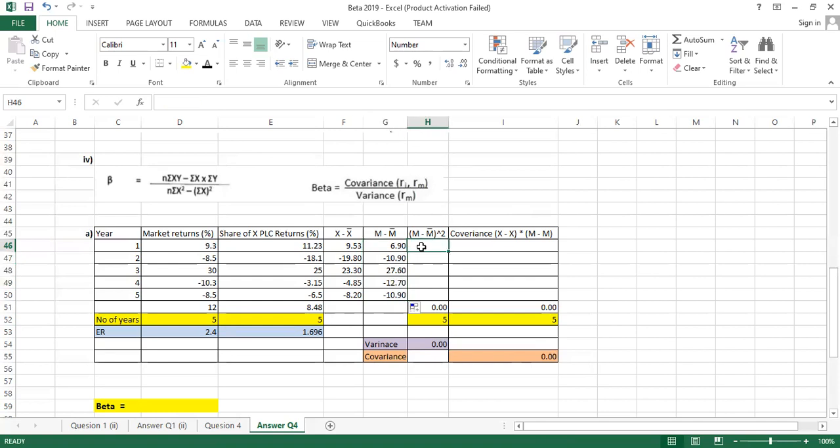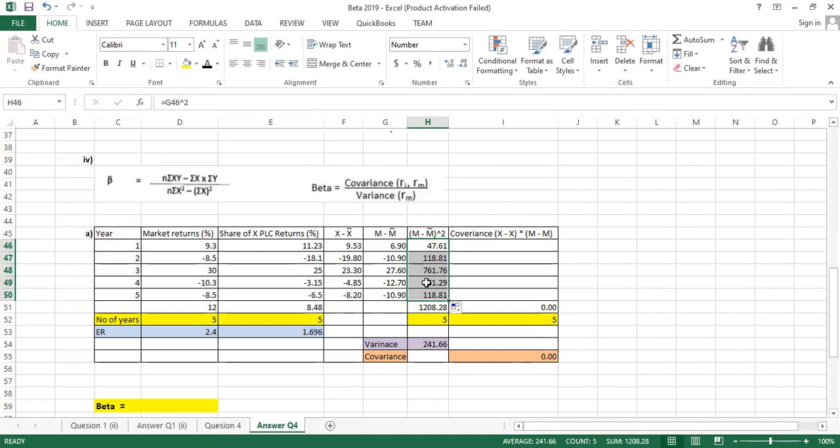Then we want to calculate m minus m bar power of 2. So m minus m bar power of 2 is 47.61 for year 1. Then we can drag. So m minus m bar power of 2 we already calculated.